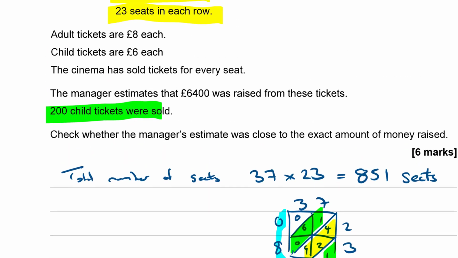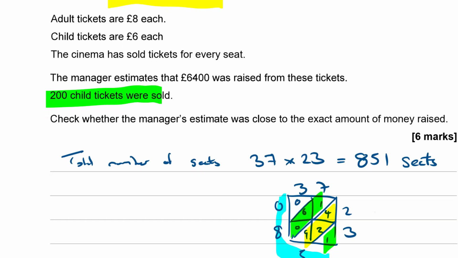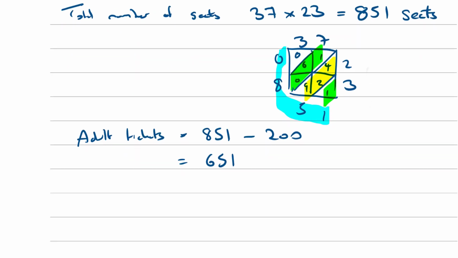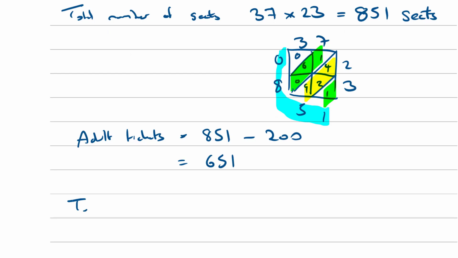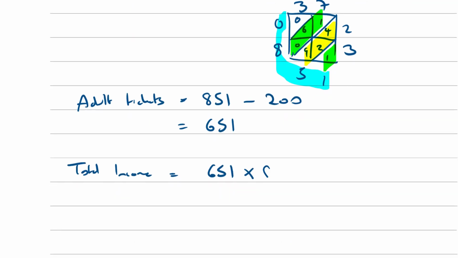Okay, so we know that adult tickets were £8 each and child tickets were £6 each, so we can work out the amount of money coming in now. So total income is going to be our 651 adult tickets times an adult price of £8 plus 200 child tickets at £6.